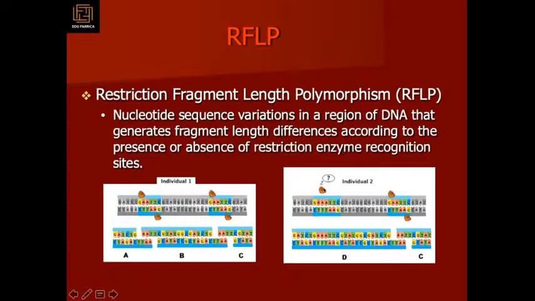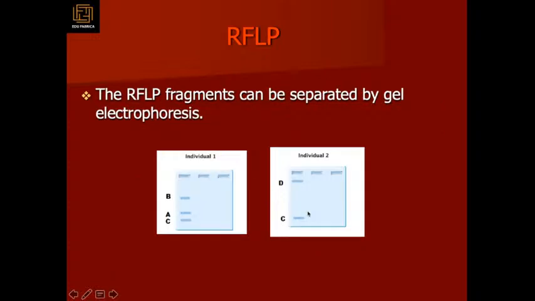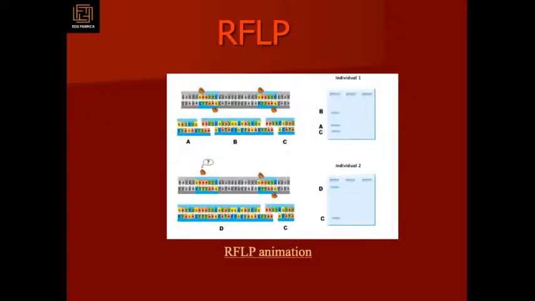One is not cutting, so only one cut here. Then the RFLP fragments can be separated by gel electrophoresis. In individual one we could see three fragments, and in individual two, two fragments. That's why we see these things.